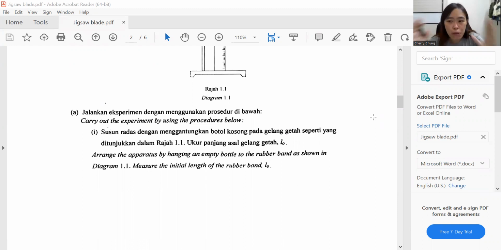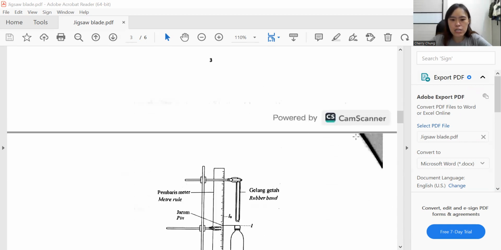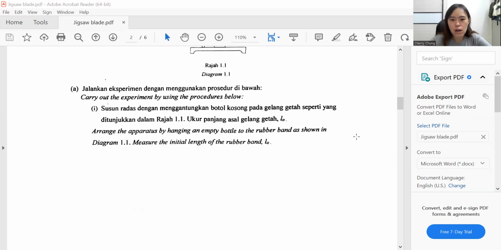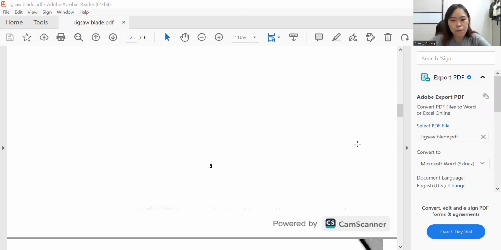So what you need to remember every time you are doing the amali is to always follow the questions. The question asks you to do what, you do what. Follow, follow, follow. So you arrange it, measure the initial length, they ask you to measure like this, so you follow it.